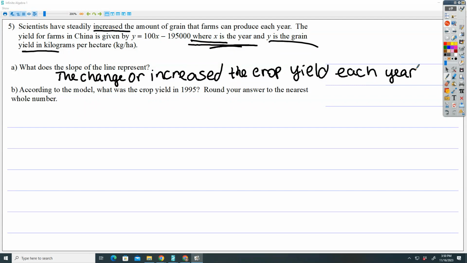Okay, next, according to the model, what was the crop yield in 1995? Round your answer to the nearest whole number. So we take our equation and plug in 1995.